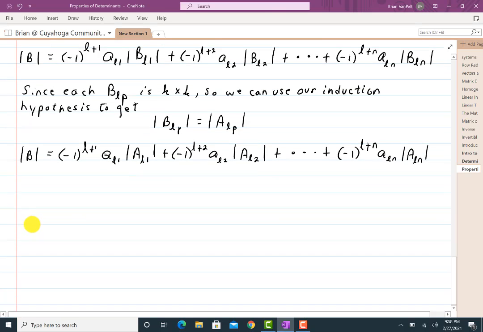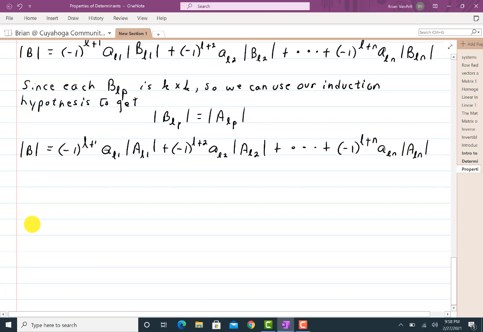Well, of course, all of those involve A, so this is actually equal to the determinant of A.